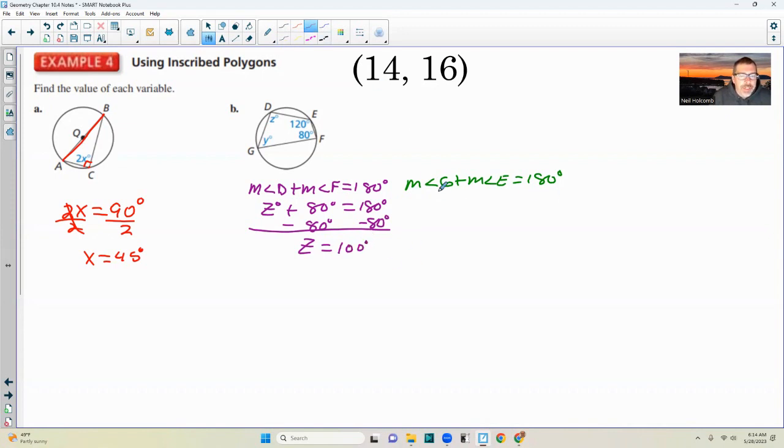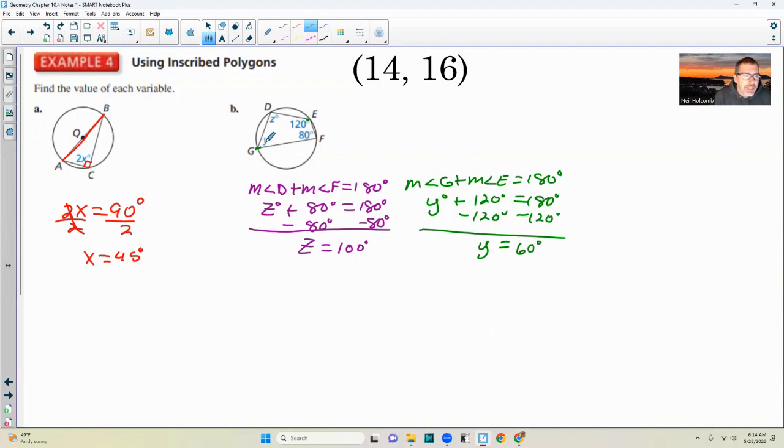Okay, same thing over here. The measure of angle G plus the measure of angle E equals 180 because G and E are opposite angles. G is Y degrees, E is 120 degrees. Substitute your givens and do order of operations. Subtraction property of equality, and 120 minus 120 is 0, leaving Y all by itself, and 180 minus 120 is 60 degrees.